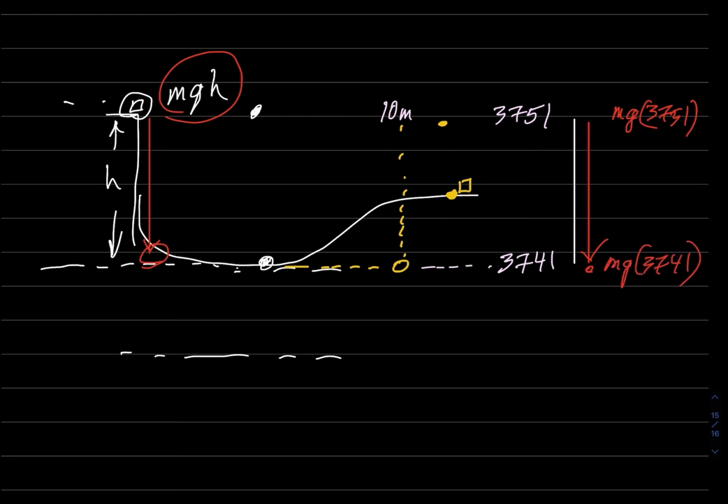And in fact, on that formulas page that you get at the beginning of the test, it reflects that, because what it actually says is mg times delta y, which means in our situation here, mg times the change in height.